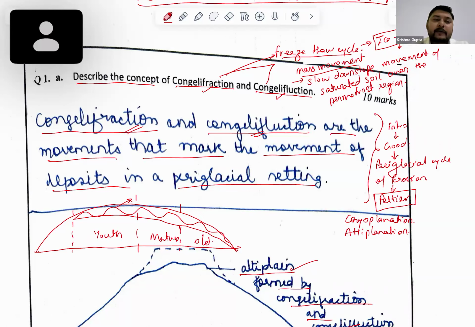Yes, very good. So we classify that congelifraction dominates in the youth stage, while in the mature and old stage, and majorly in the old stage, congelifluction will dominate. Now we can explain well what is happening here.